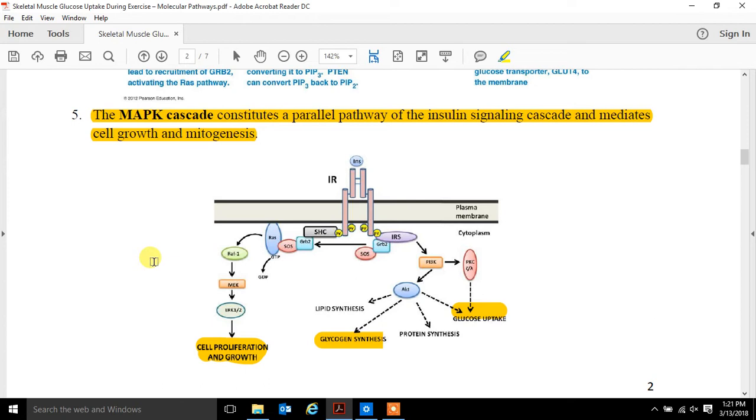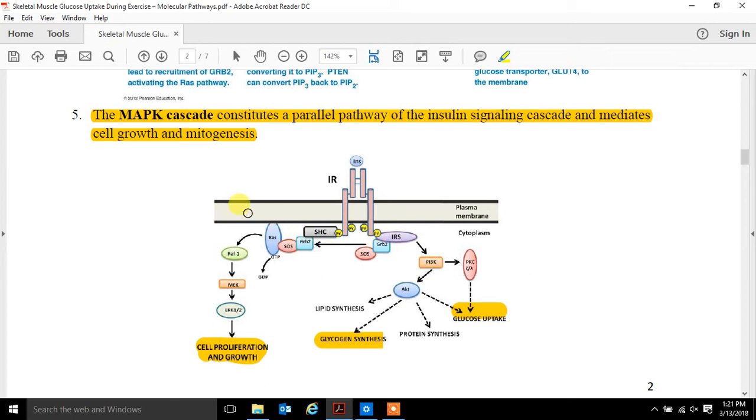So this one receptor, when bound to insulin, can result in multiple signaling outcomes. From a medical standpoint, if you're thinking about diabetes, we're usually talking more about the cascade on the right, the IRS, PI3K, AKT pathway.